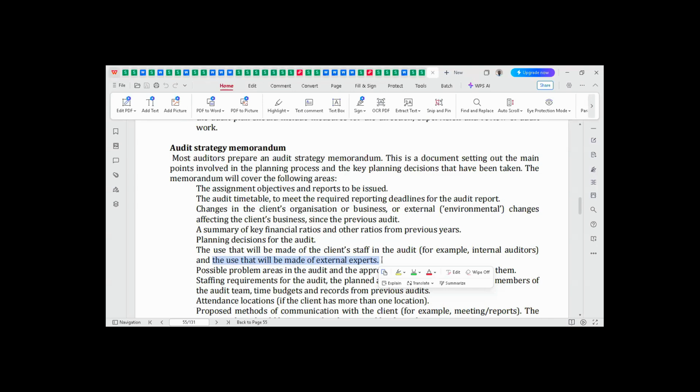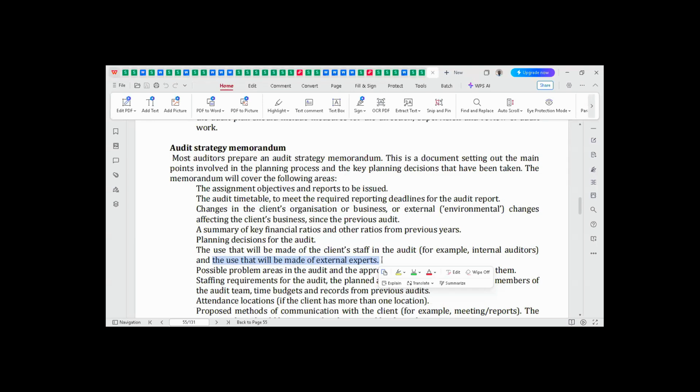So you have people like surveyors, engineers, architects, risk management consultants, IT consultants, actuaries, lawyers, all of these people, they are experts, all right? So for the big four, it's not an issue because they always have them in-house.